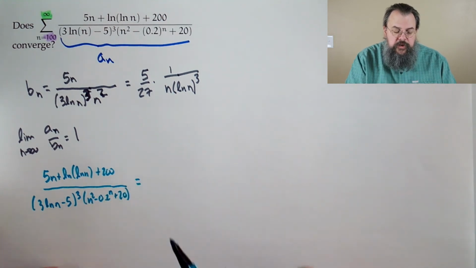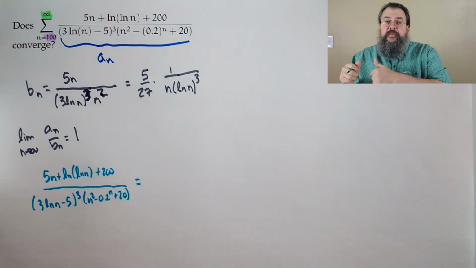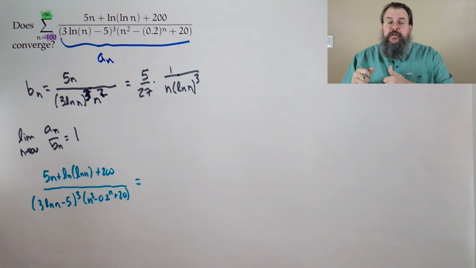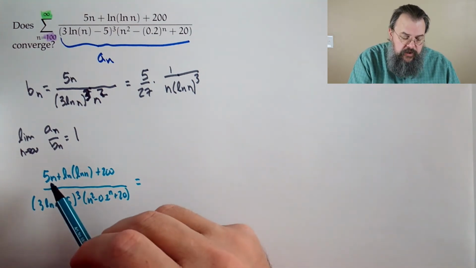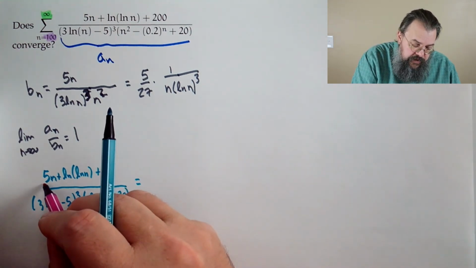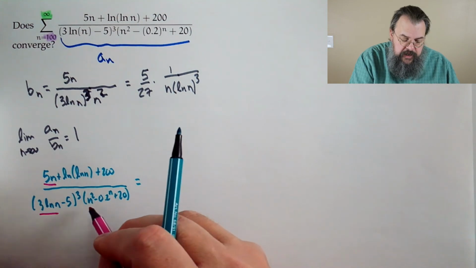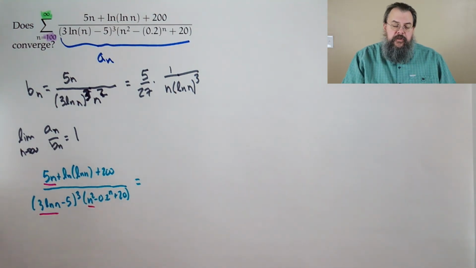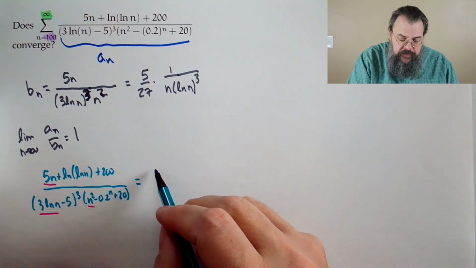And what we'll do is in each piece, we're just going to factor only the largest term out, and we'll leave the smaller order terms in. So what are the larger terms? Well, they are the 5n, the 3 log n, and the n squared. So we're going to factor them and pull them out to the front. So we have the 5n.